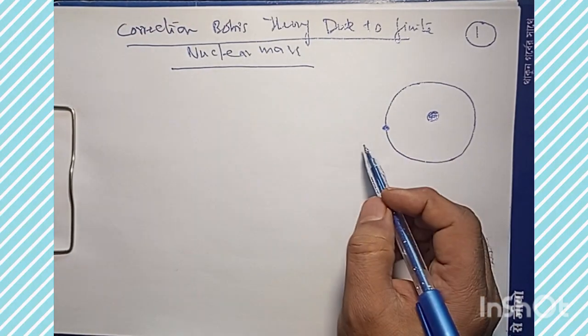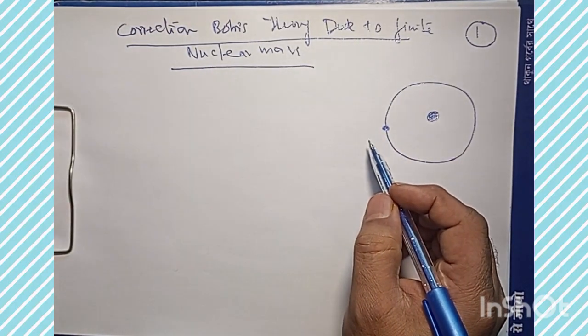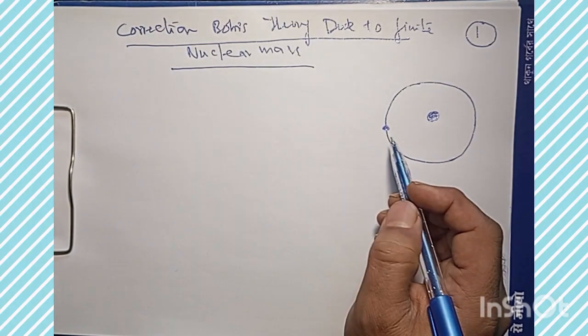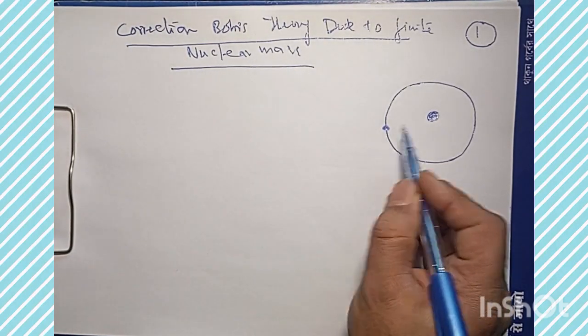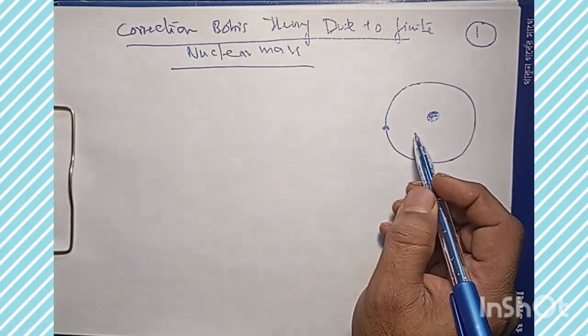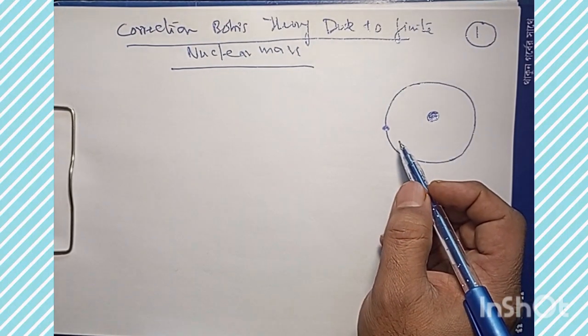But actually, the nucleus has finite mass, and both the electron and the nucleus revolve around their center of mass.